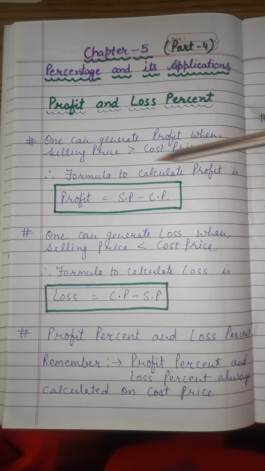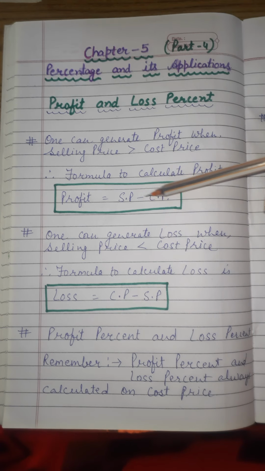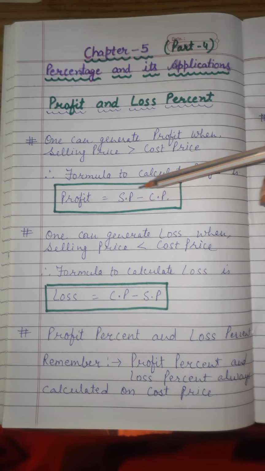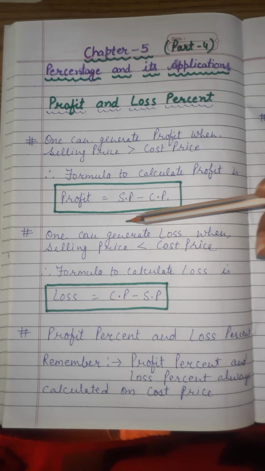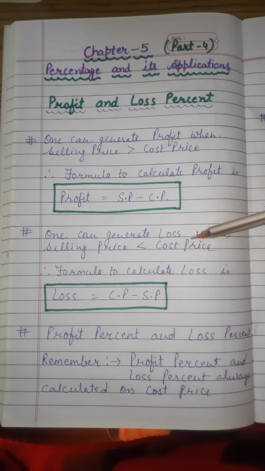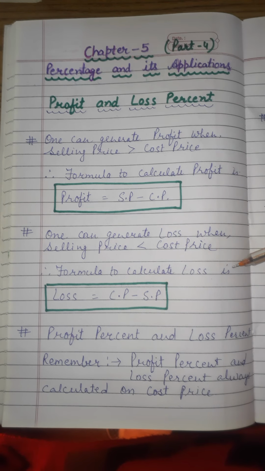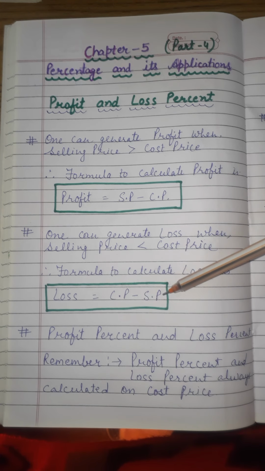Therefore, the formula to calculate profit is SP minus CP, means profit is equal to selling price minus cost price. On the other hand, one generates loss when selling price is less than cost price. Therefore, the formula to calculate loss is cost price minus selling price.